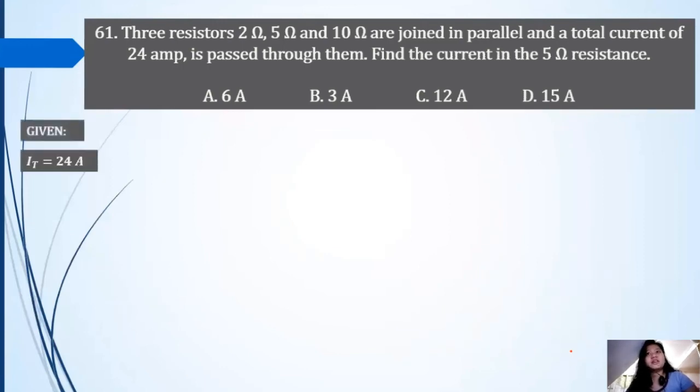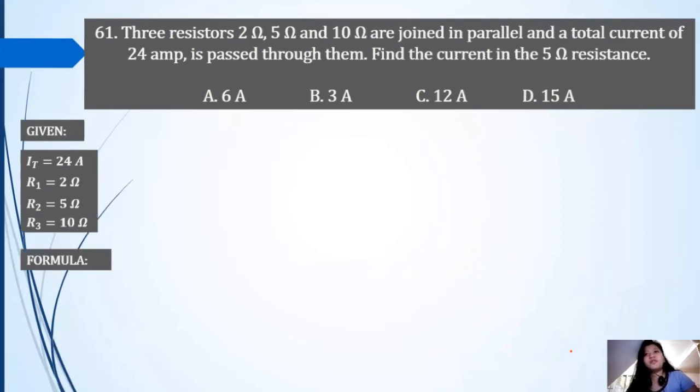Given is the total current, which is 24 amperes. Resistance 1 is 2 ohms, resistance 2 is 5 ohms, and resistance 3 is 10 ohms. And the formula we'll be using is IN is equal to IT, or the total current, times the R total over the RN.